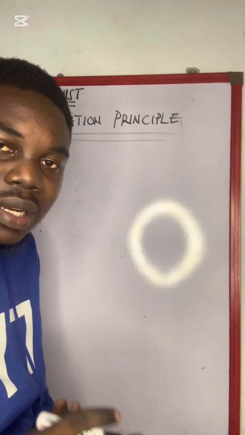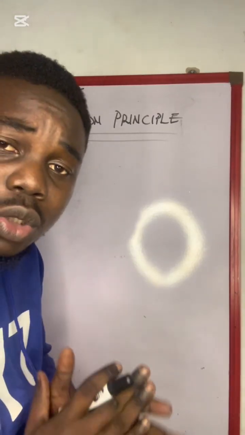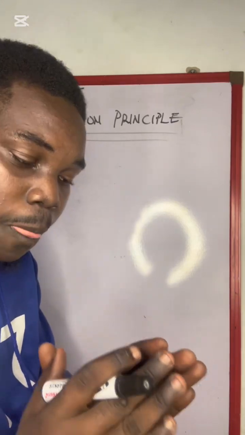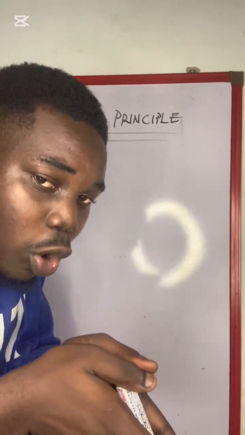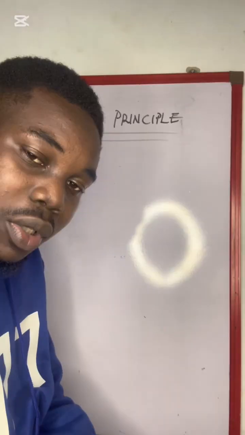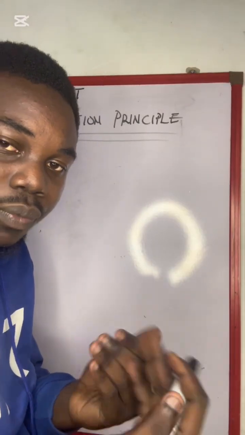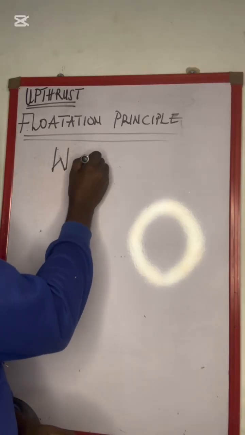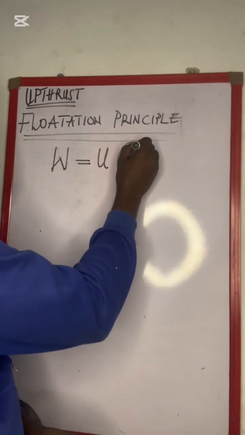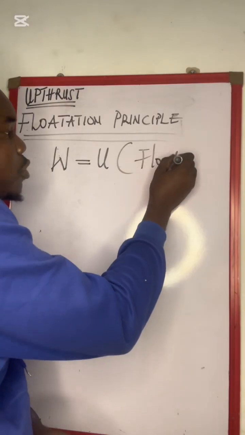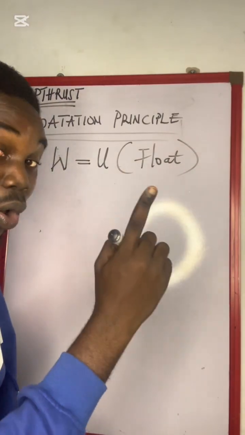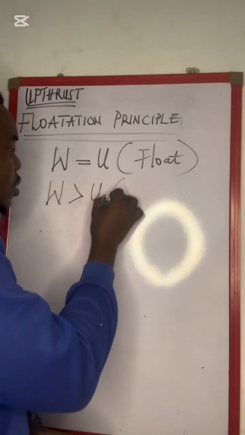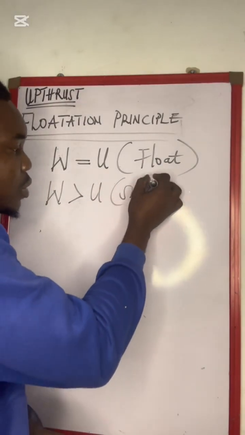Okay, now let's talk about the flotation principle. Simple. Objects will float when the weight of the object is equal to the upthrust from the liquid. Therefore, whenever weight is equal to upthrust, the object will float. But if weight is greater than upthrust, the object will sink.